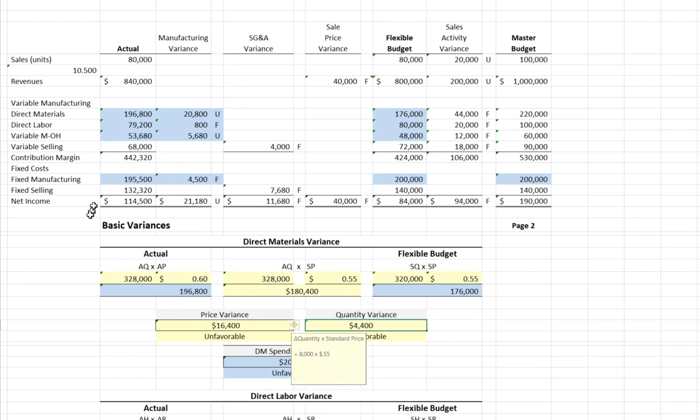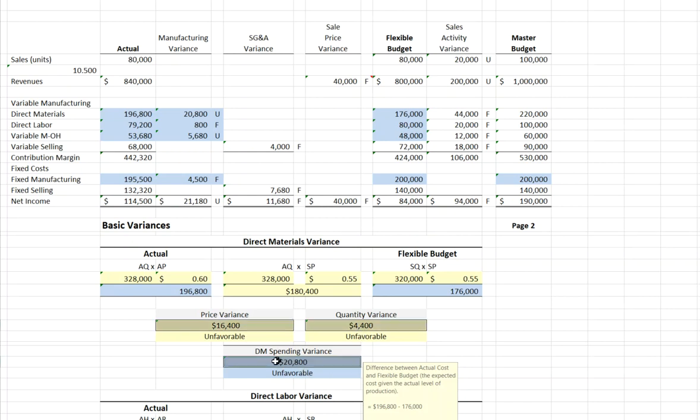In this case, we had unfavorable variances for our price variance and quantity variance. Those two combined gave us our $20,800 unfavorable direct material spending variance. But more precisely, it's the difference between what we actually spent and what we should have spent producing our 80,000 units. Let's go ahead now and take a look at our direct labor variances.